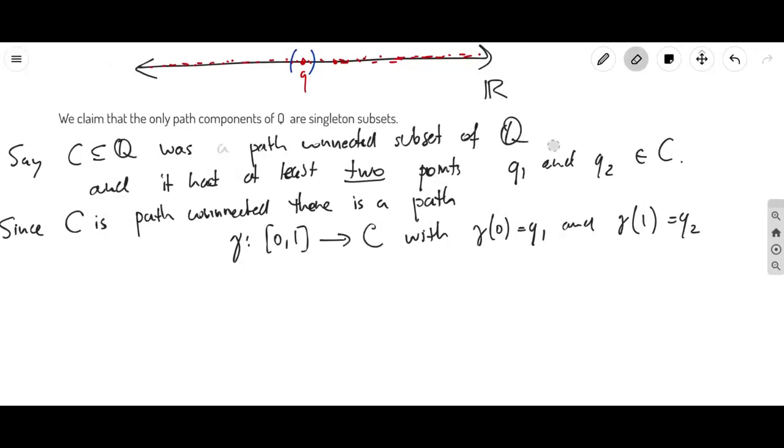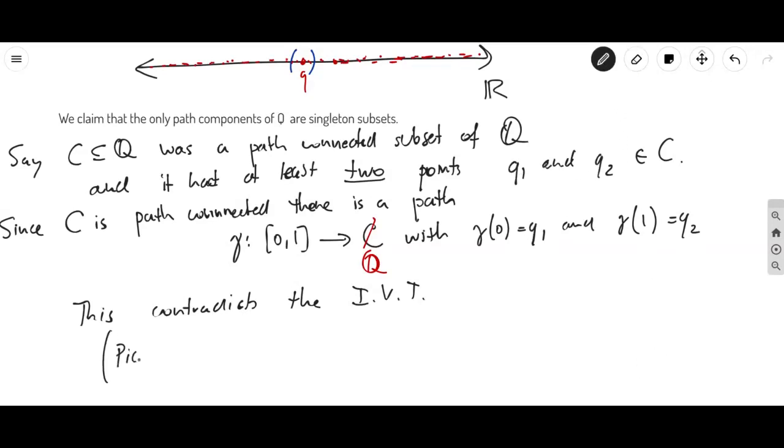But C is contained in Q, so you could replace the codomain by just Q. And what's the problem? The problem is this contradicts the intermediate value theorem from calculus, because Q1 and Q2 are two different rational numbers.